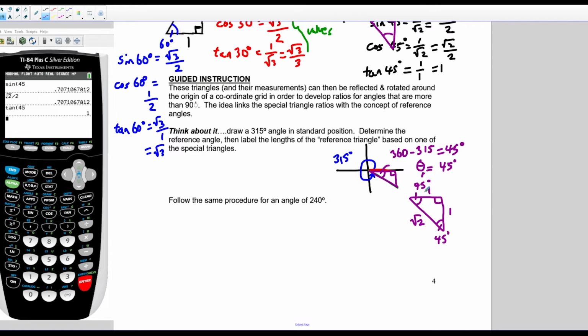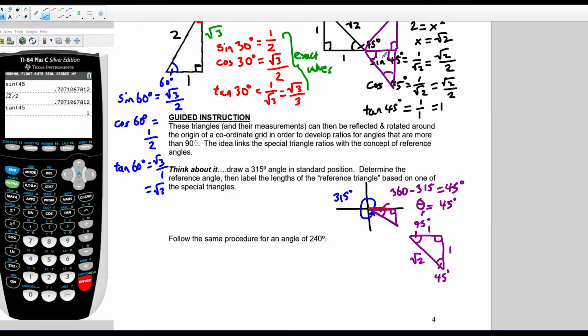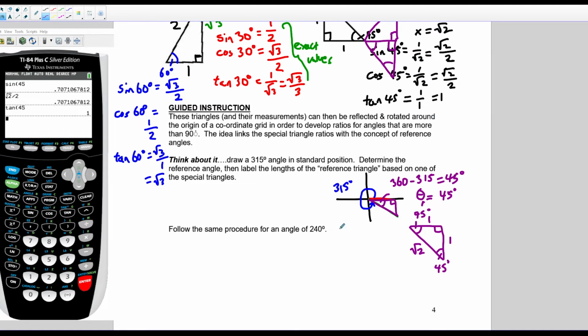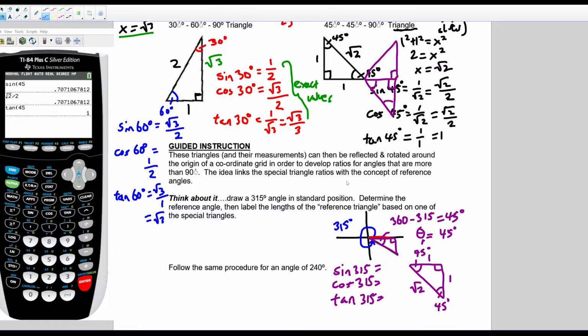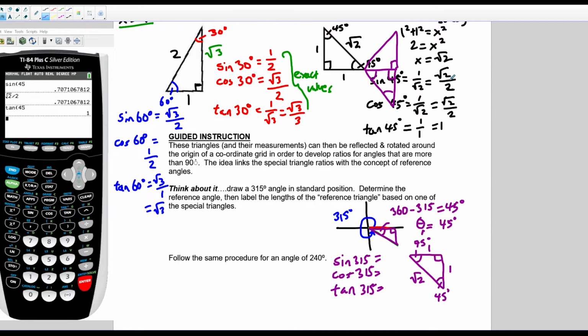Now, this is very significant for us because what we're going to do now is look at the sine of 315, the cosine of 315, and the tangent of 315 degrees. And we're actually going to be using our exact values that we found earlier. So we can see that we're going to deal with square root of 2 over 2.